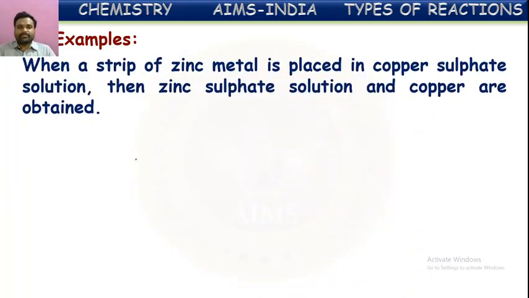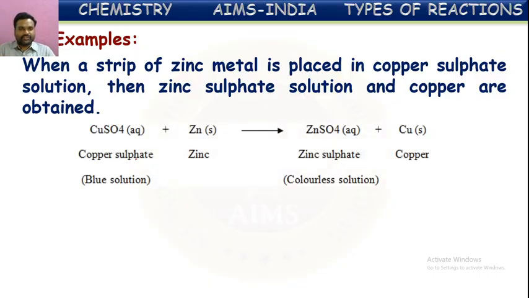When a strip of zinc metal is placed in copper sulfate solution, zinc displaces copper from copper sulfate, so zinc sulfate is formed and copper metal will be given out. Equationally, if we initially take copper sulfate solution, we know it is blue in color.